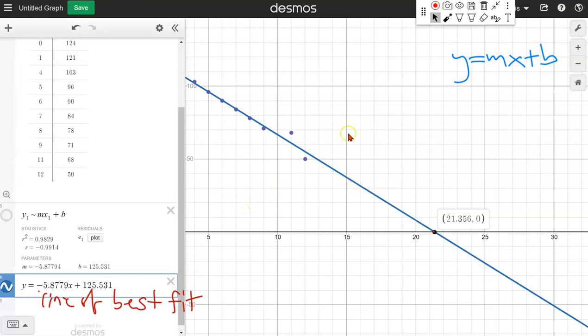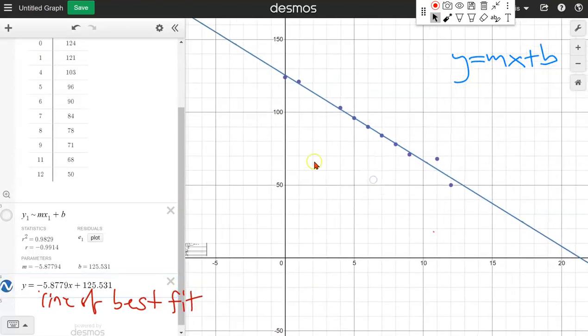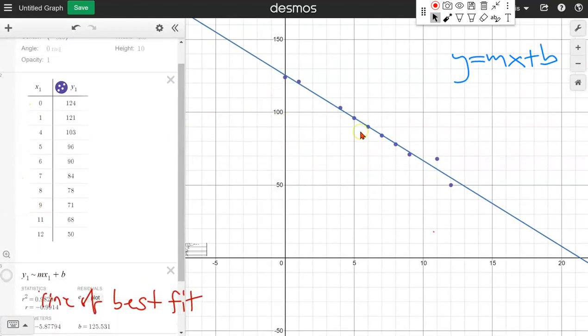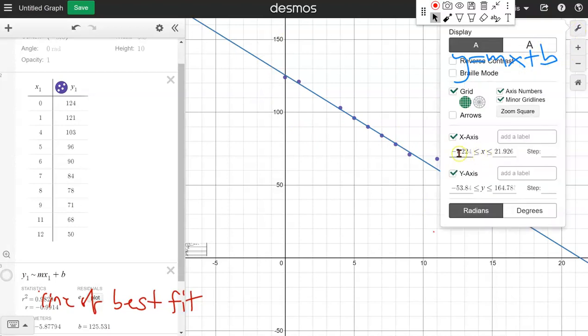Okay, so that's what you learned today: how to plot the points. All you have to do, just to recall, is enter all this, and then you need to change the window settings so that you see all the points. So you click on this graph settings, you can change the x-axis and the y-axis.